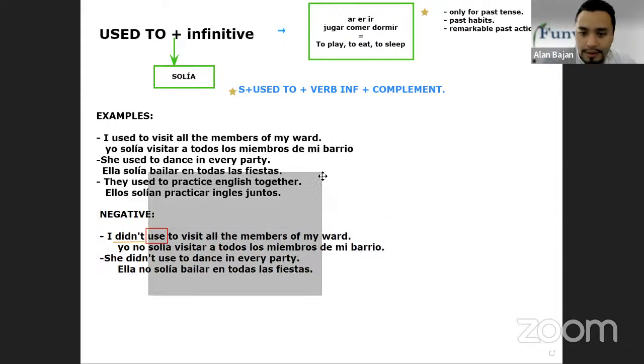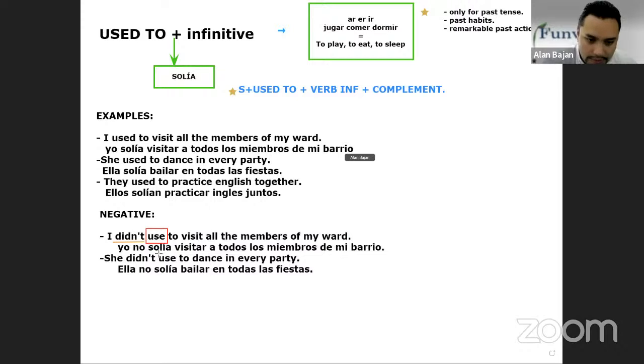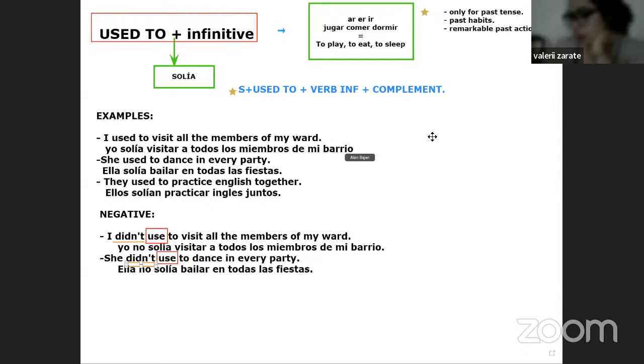So I was saying that you need to know that the use is with no D. Normally it is used to with D at the end, but because I have the auxiliary didn't, I don't need to use the verb in past tense. Thank you, teacher. You're welcome.